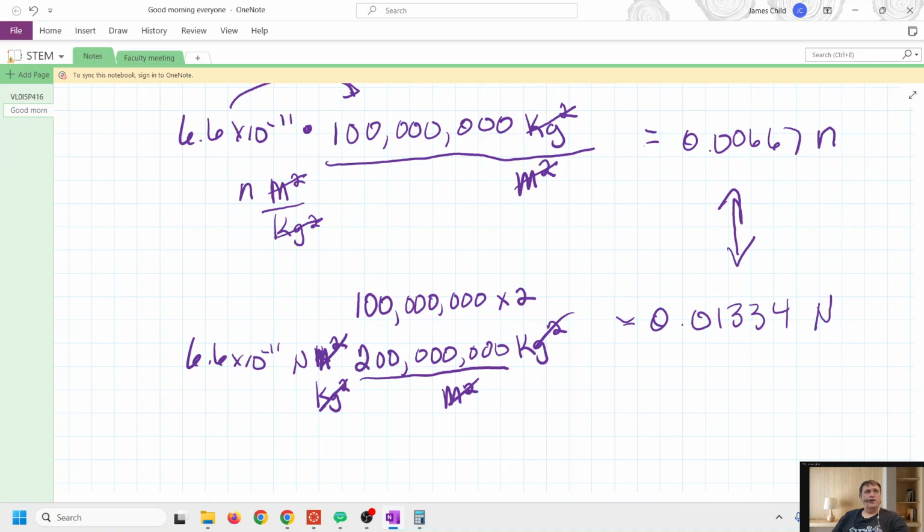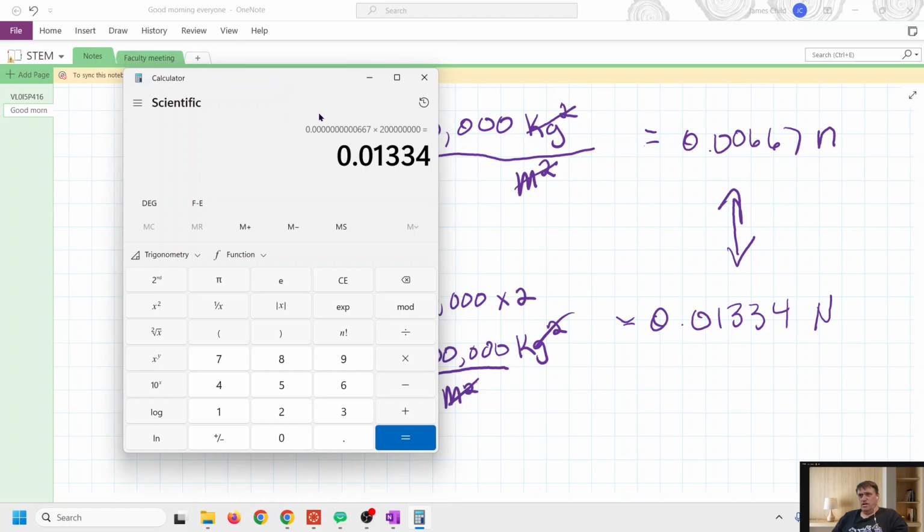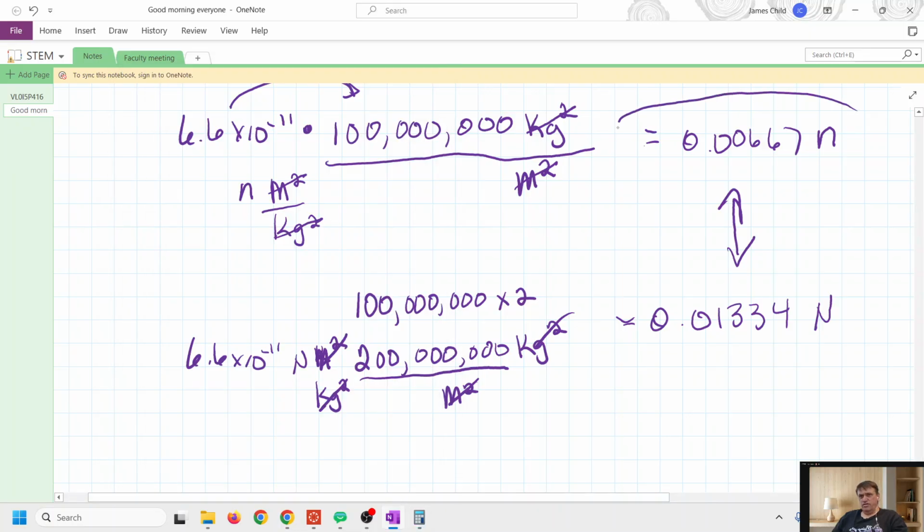So if I take this and divide that by 2, notice I get the exact same answer. So if I were to take my answer here and multiply it by 2, I get that. So if I double my mass, I double my force.